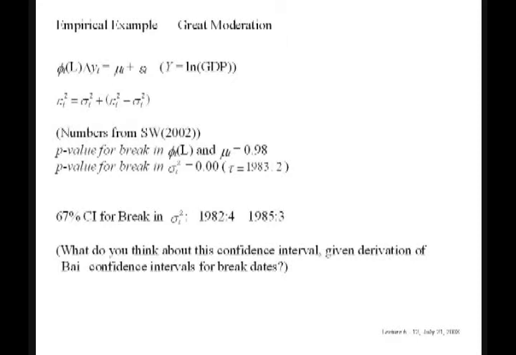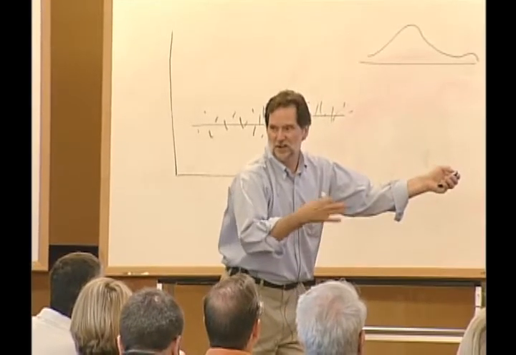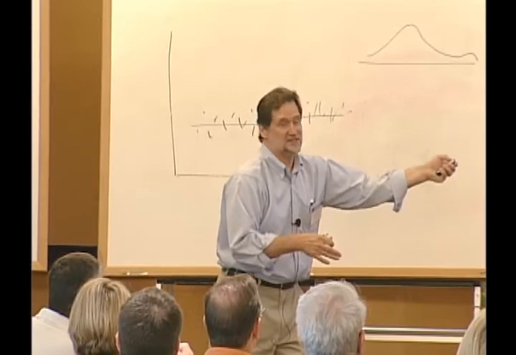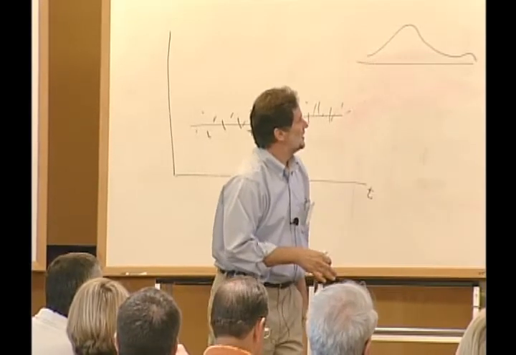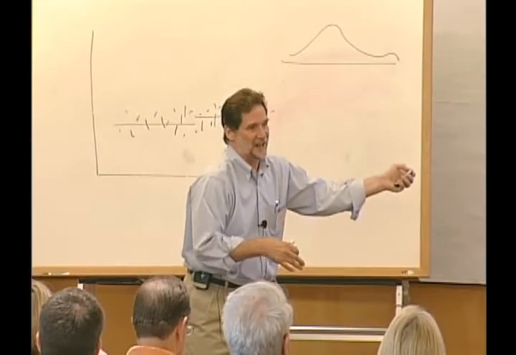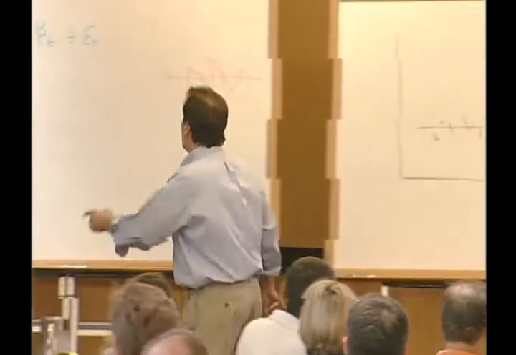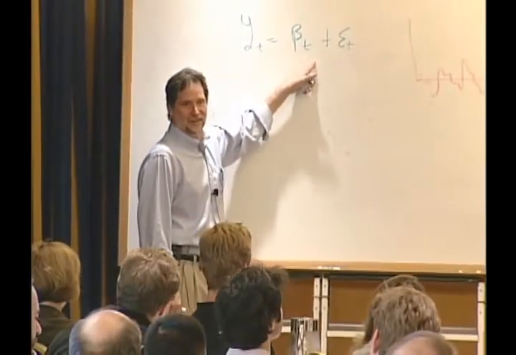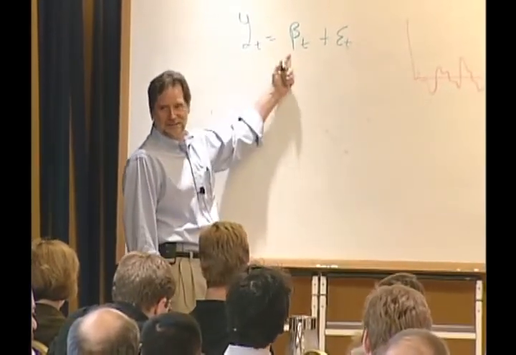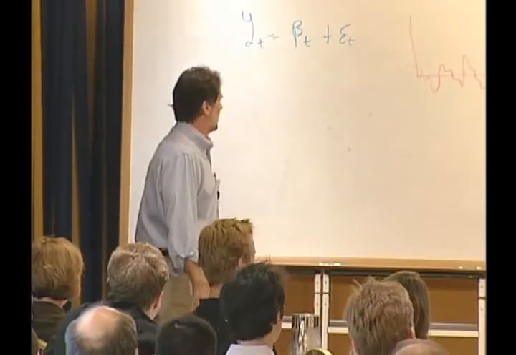But if I think about the error term in this equation, it's something that I could observe if I could estimate this stuff. Then a break date in the variance just says take this residual, this error, and square it. The expected value of the error term squared is the variance. So this is the error term squared. This is its expected value, the variance. This is the deviation of the variance from its expected value.